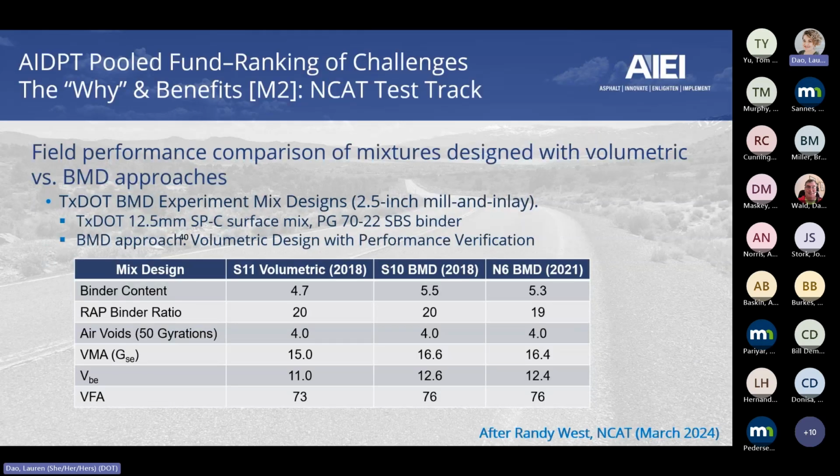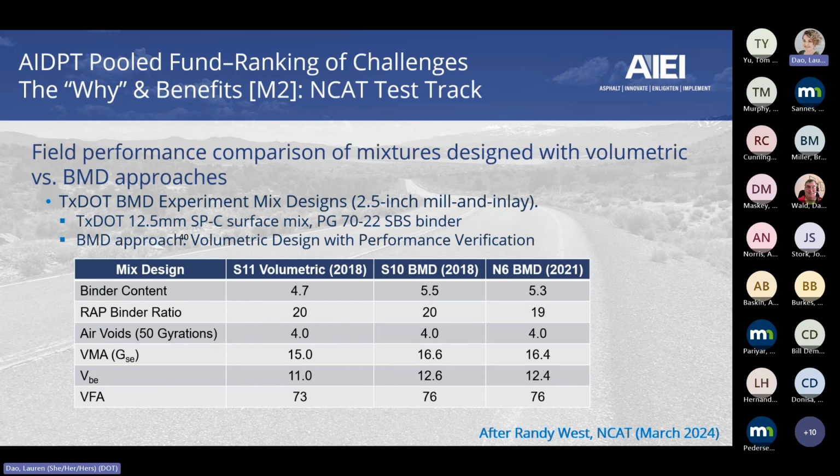Now, during that AID-PT pooled fund study, Randy West out of NCAT presented very nice data for an experiment from their test track, where back in 2018, they had multiple sections, one that is designed based on the typical traditional volumetrics design, and another one using the balanced mix design.